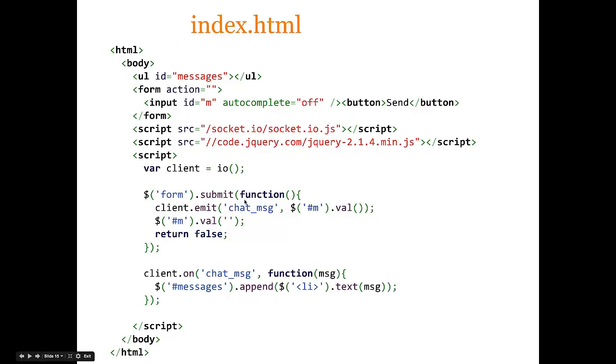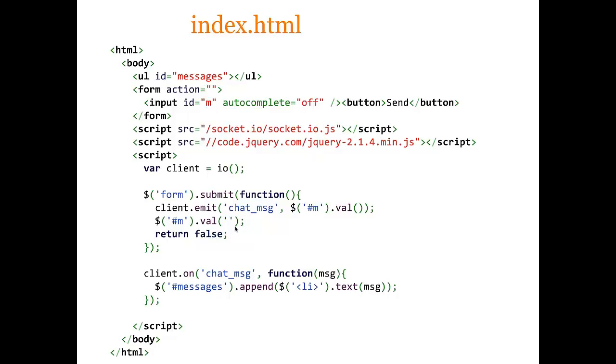Well, the key in this case is chat message, and the data portion contains the value that existed within the input field. Here again, we're using a jQuery selector to obtain the value of that input field, and then we send that up to the server. So we emit that message, and before we're done, we also clear out that input field, and then we go into a wait state and wait for subsequent messages.